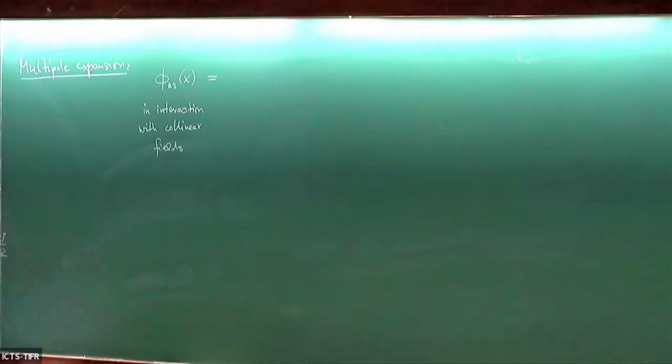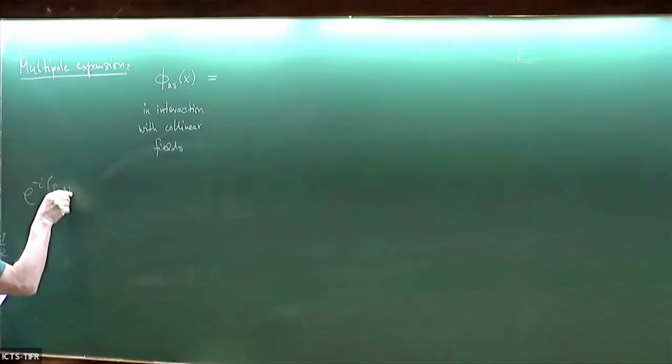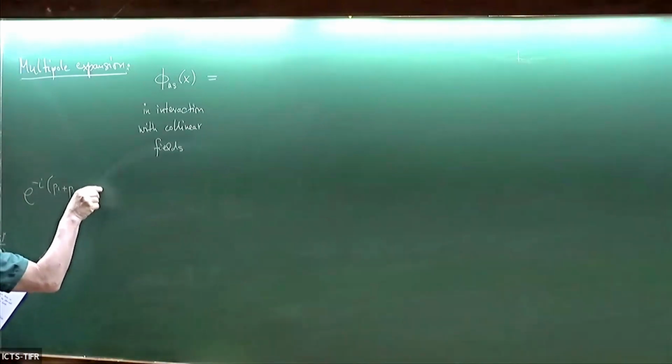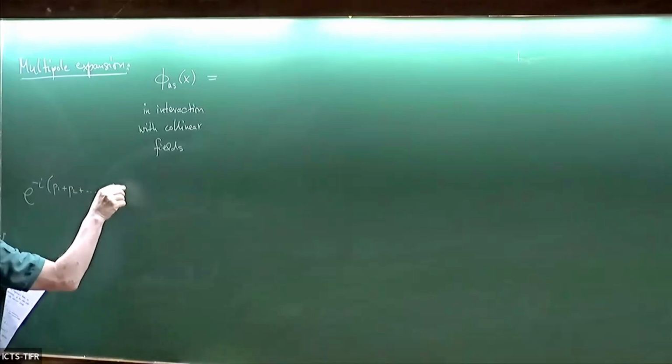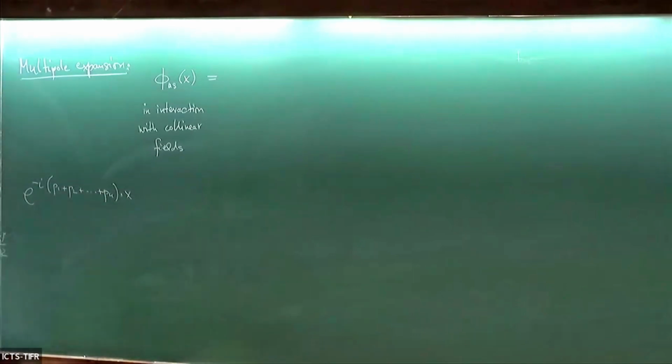Because what does momentum conservation mean? Well, we have a point x where several fields come together, and then we get a phase factor, e to the i, and then we get a momentum for each field that comes together at this vertex. And then when we integrate over d4x, we get a delta function setting the momenta at the vertex. So this is some vertex with n lines going in, okay?